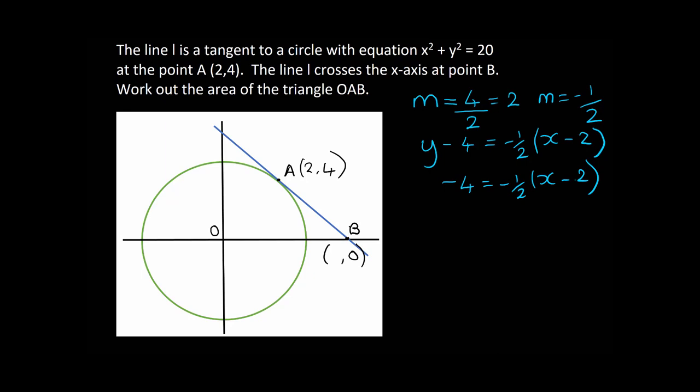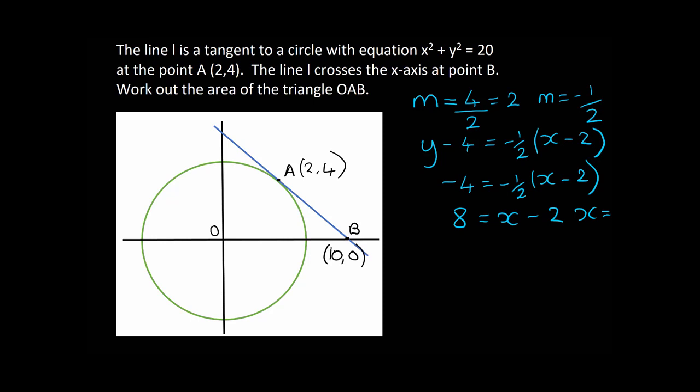Now I'm going to multiply both sides by minus 2 to get rid of that half. So that will give us 8 over here equals x minus 2. So final step, x is going to be 10. So now write on here 10.